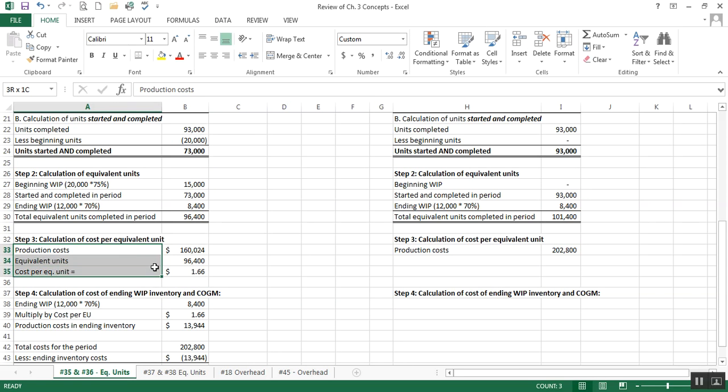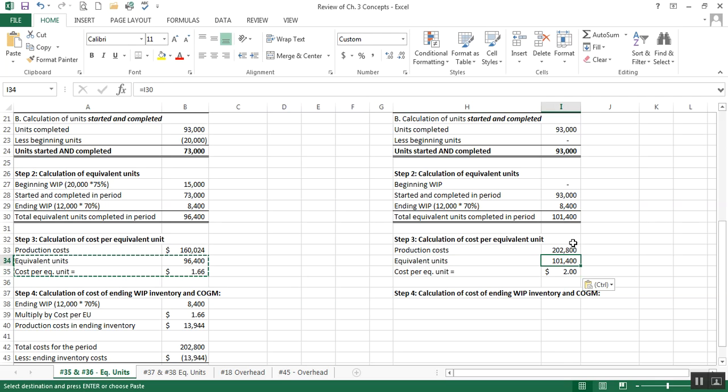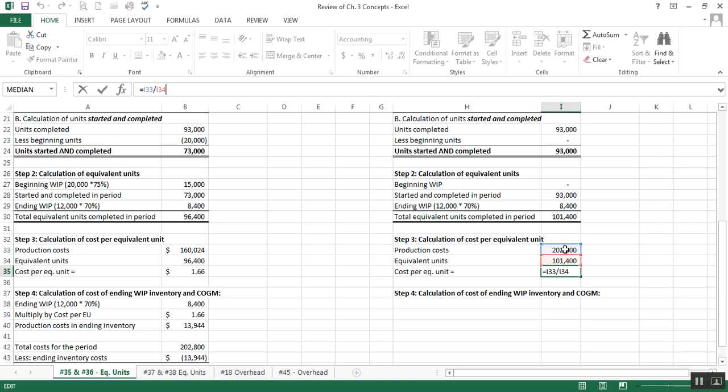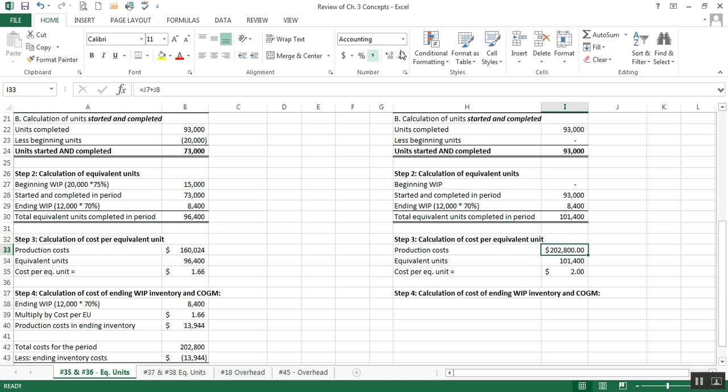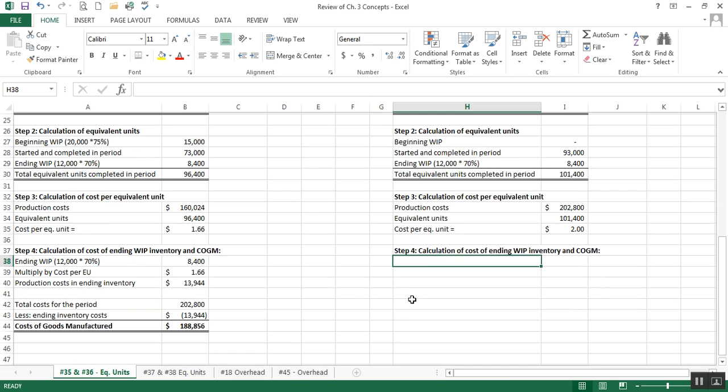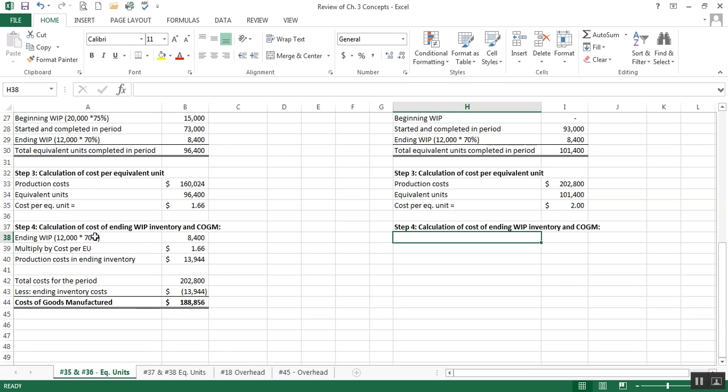And then our equivalent units, just copying the formulas over, is going to be what we calculated above. And then our cost per unit is the production costs divided by the equivalent units. I'll be posting this spreadsheet on Engage as well if you need to refer back to it.